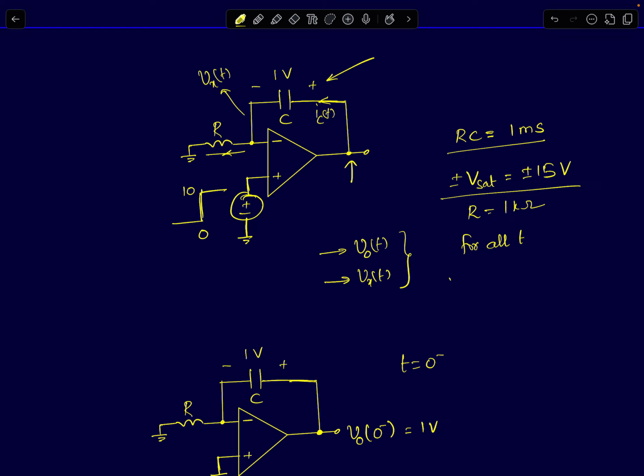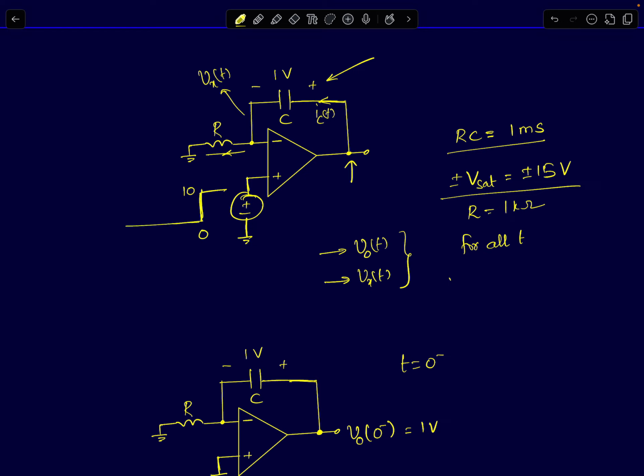So step 1, we have to find out how the circuit behaves before the step actually arrives, before the transient event happens. That is, we are interested in finding the value at t equal to 0 minus. I think there is no confusion. I've already discussed that at t equal to 0 minus, the input voltage is 0, so the non-inverting terminal is at 0 volts.